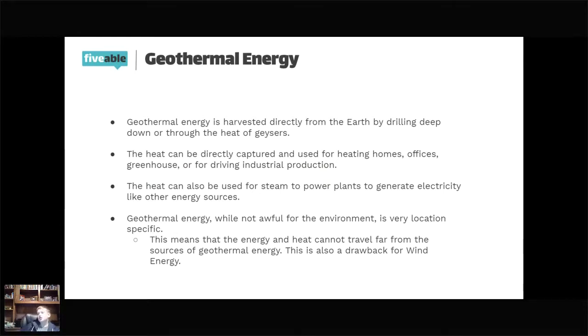All right, so geothermal energy. The heat can be used for steam to power plants and generate electricity like other energy sources. Yep, every energy source is the same. It takes the steam, turns the turbines, turns the coil that has a magnet in it, the magnet moves around, that magnet becomes an electromagnet and makes electricity. Woo! Energy. I know I've said that like 5-6 times.